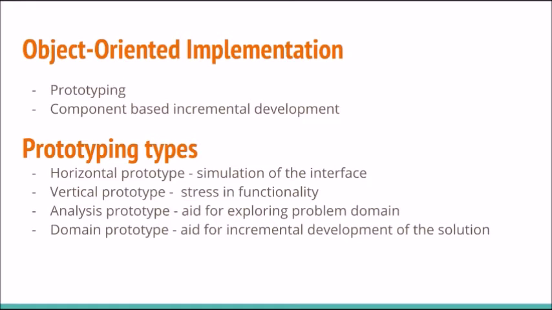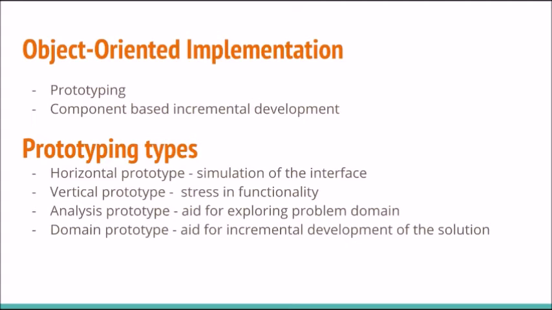Basically, the interface is the user interface, the whole flow of how a system can be used by a user. From the start page to the home page to the business logic page and to the logout page. For this horizontal prototype, we do not stress anything regarding the functionality.